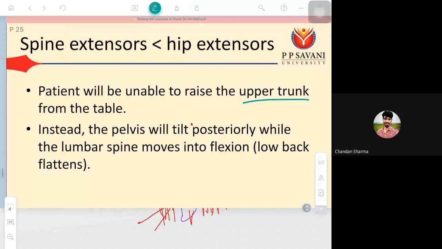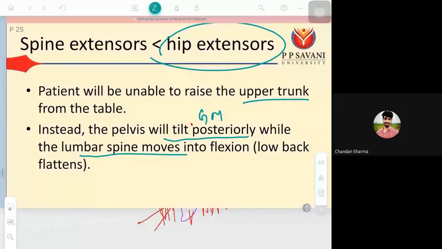That is first point. Instead, pelvis will tilt posteriorly because gluteus maximus is strong. At the same time, lumbar spine will move into flexion.